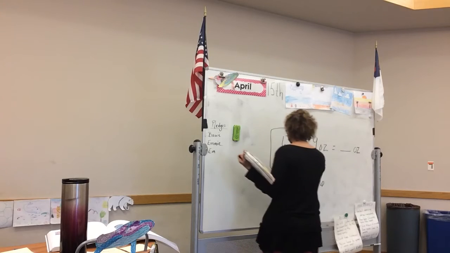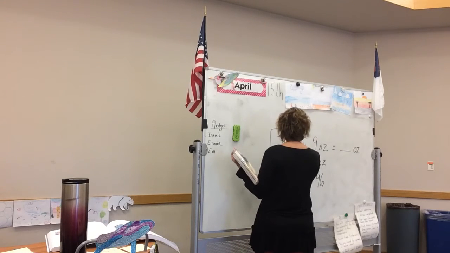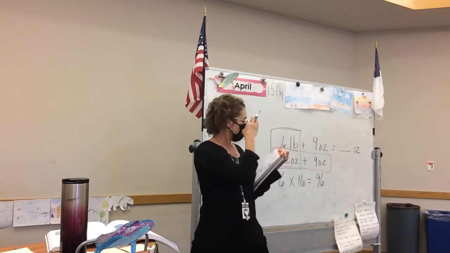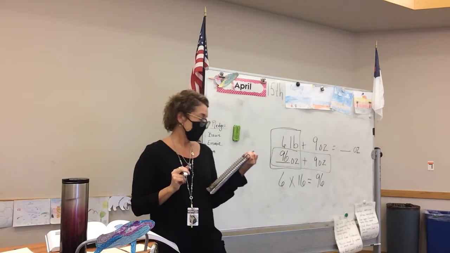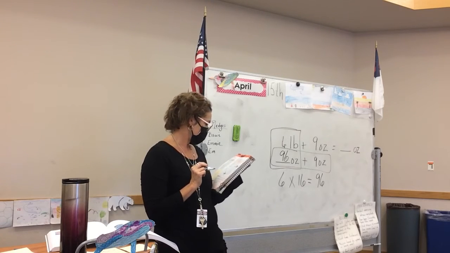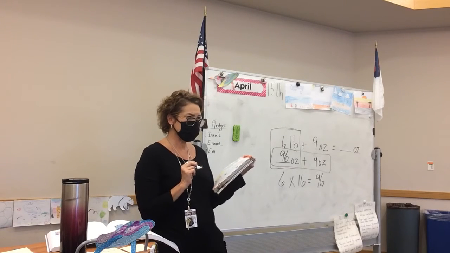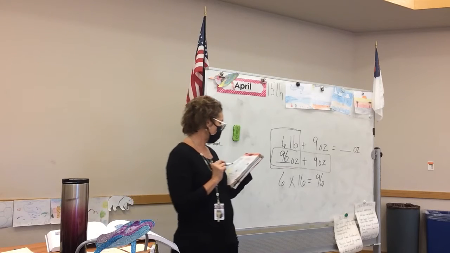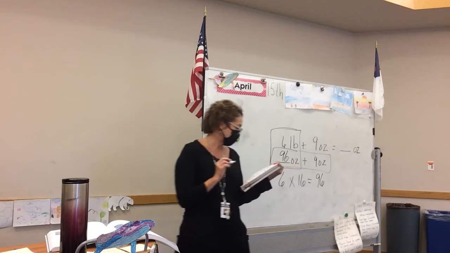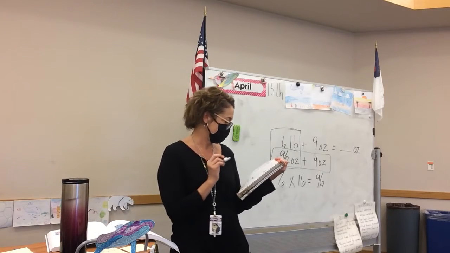What am I going to do with the 96, Tessa? Put it in the box. What is my next step? 96 plus 9 equals 105. Ooh, you guys are guessing, and you're not right. What is 16 times 9? 54.